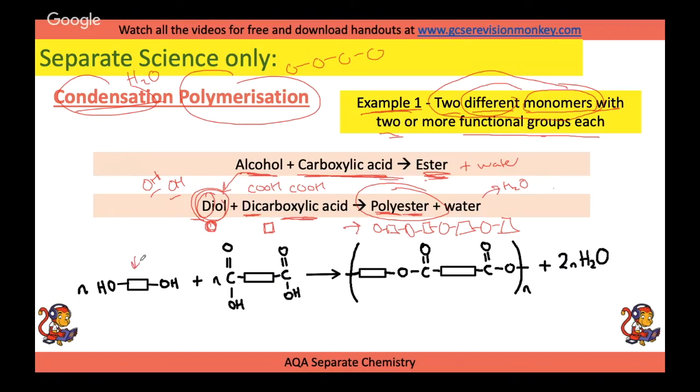The box just covers up all the hydrocarbon stuff, all the carbons and hydrogens that aren't important. But if you see 2 alcohol groups, that's a diol. If you see 2 carboxylic acids, that's a dicarboxylic acid, and they react together, you can see the functional group for the ester there. They react together to make a polymer, which is polyester and water.